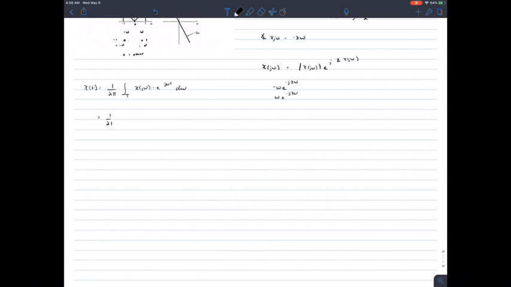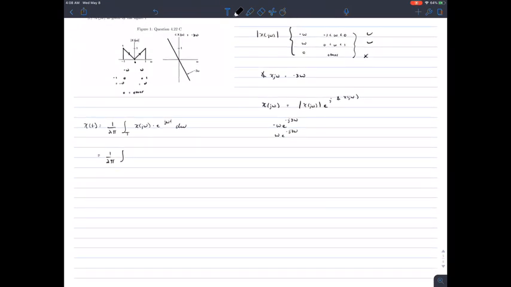Plugging in our X of j omega, we got 1 over 2 pi integral from negative 1 to 0, the X of j omega that goes along with that is this.